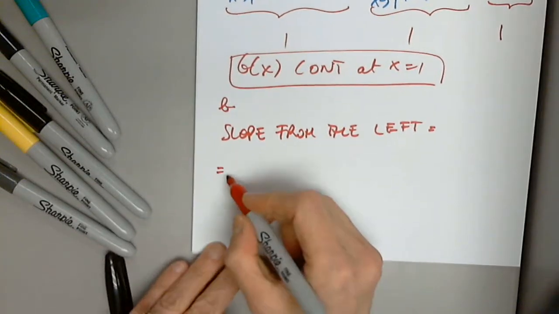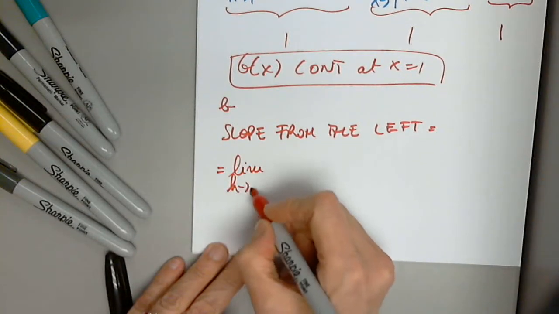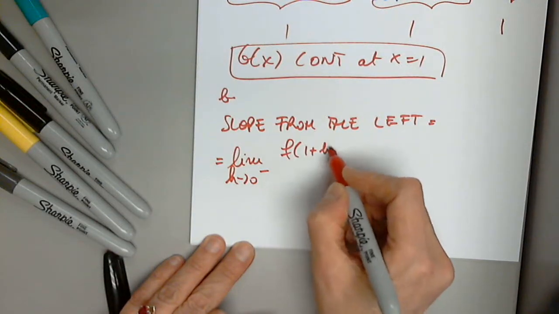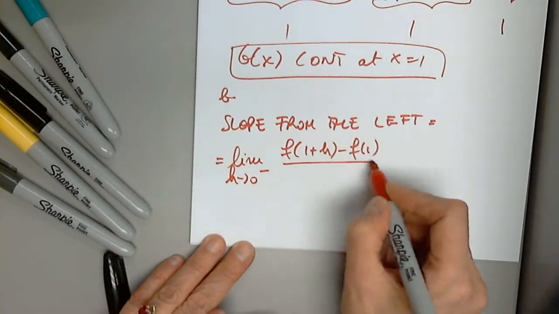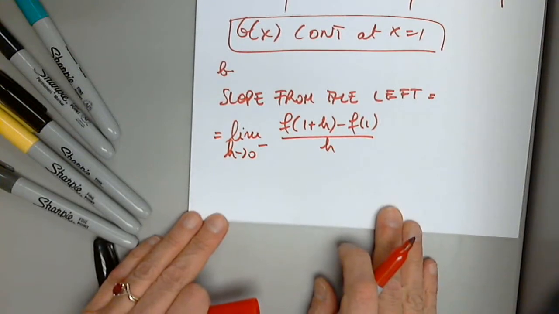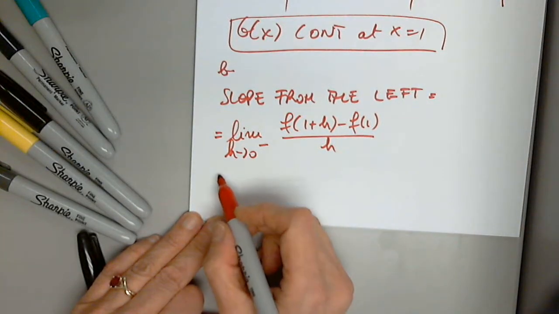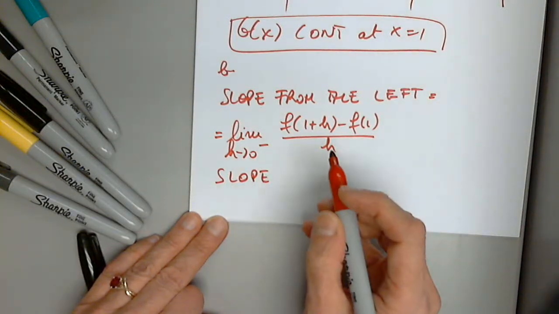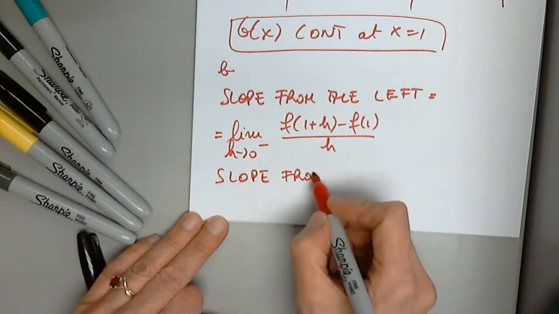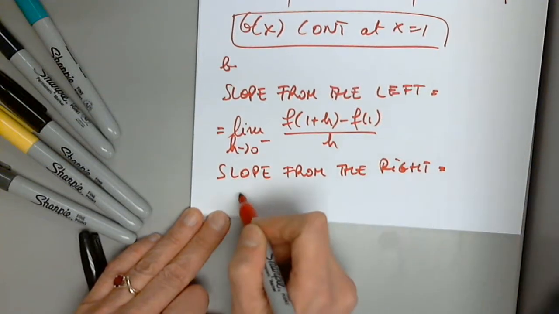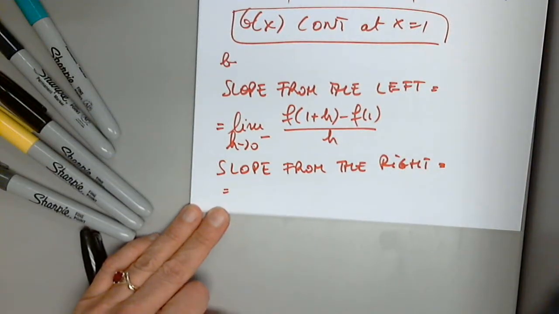So limit as h approaches 0 from the left of f of 1 plus h minus f of 1 divided by h, which is with a totally different function. Now the slope, and we'll calculate in a minute, from the right. How will I determine the slope from the right?